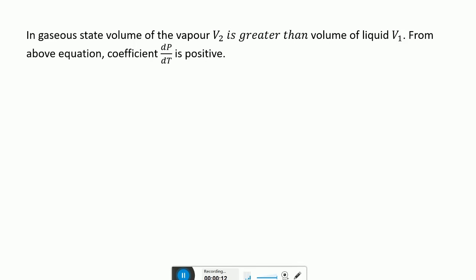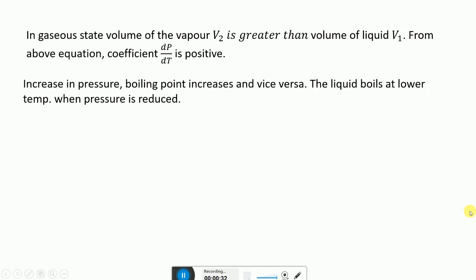In the gaseous state, the volume of vapor V2 is greater than the volume of liquid V1. Thus, from Clapeyron's equation, the coefficient dP/dT is a positive quantity. Thus, with increasing pressure, the boiling point increases and vice versa.